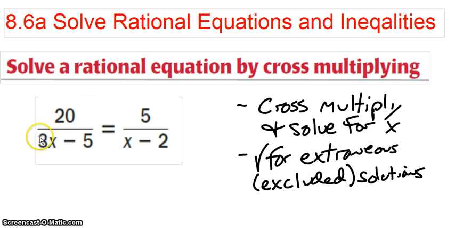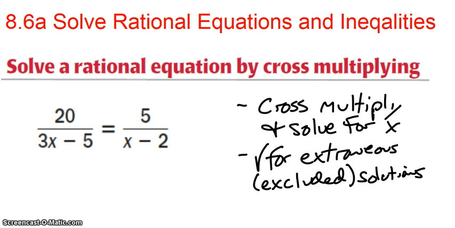If we just have one ratio equal to another, then we can simply cross multiply and then solve for x. So here I have one ratio equal to another, so I'm going to cross multiply, making sure I distribute to both pieces, or all three pieces if I had more than two.